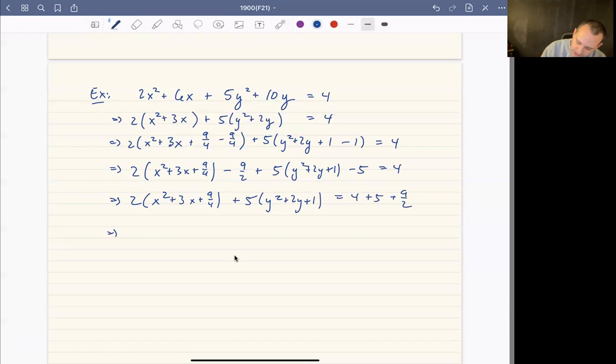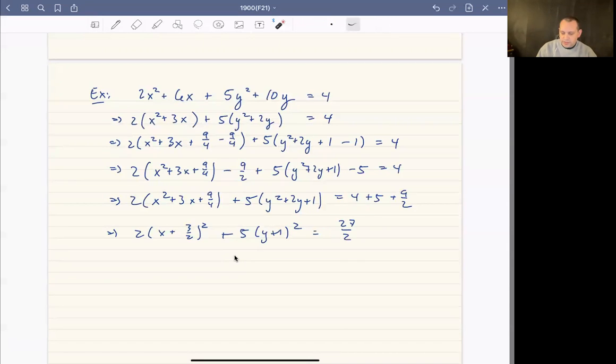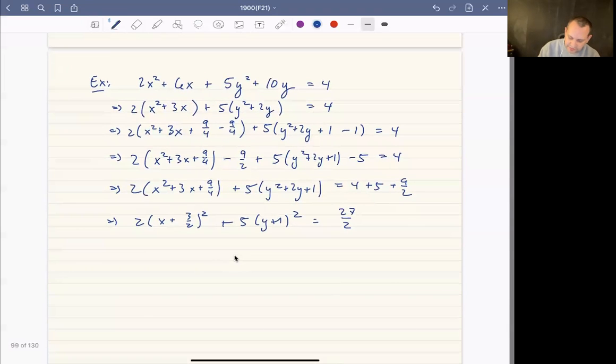And so this is going to be 2 times x plus 3/2 squared plus 5 times y plus 1 squared equals, let's see, 9 plus 9/2 is 27/2. And then finally, remember the form that we like to have these in is that we like the one side to be equal to 1. So I'm going to divide both sides by 27/2, or multiply by 2 over 27.